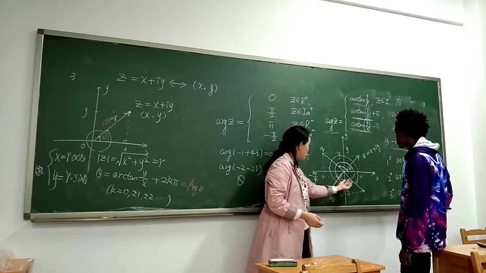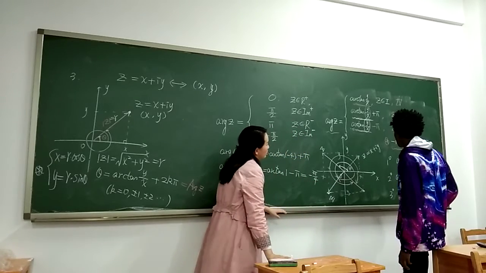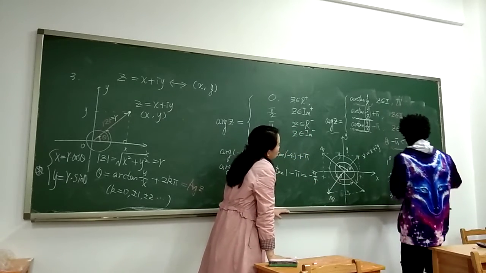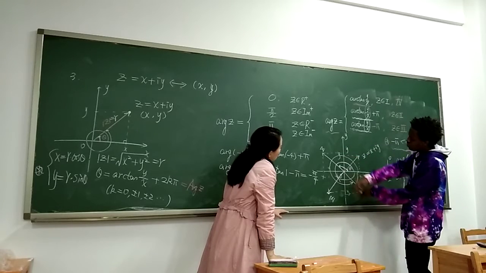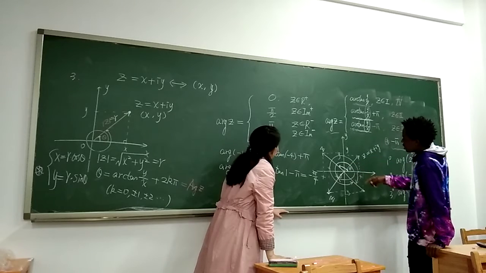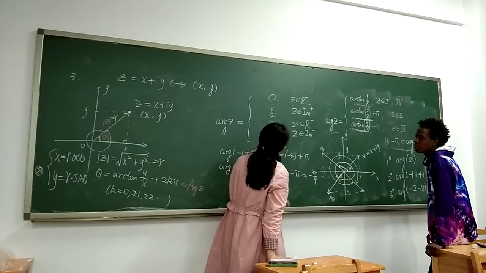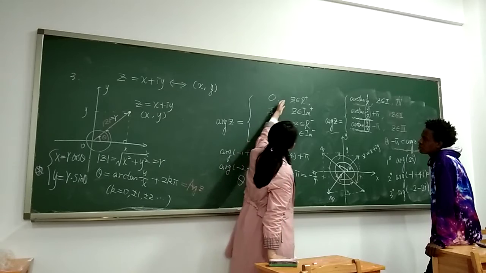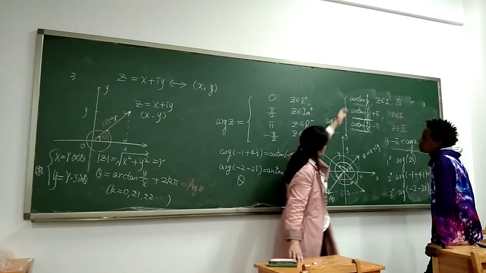So you must choose this red one. Before I do any question on this, I have to first draw this graph. After drawing it, you only judge whether this z belongs to this one or this one.